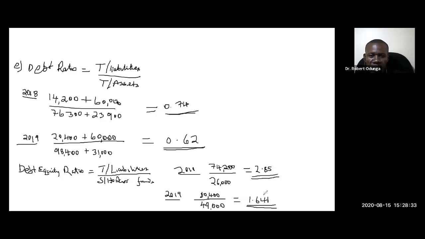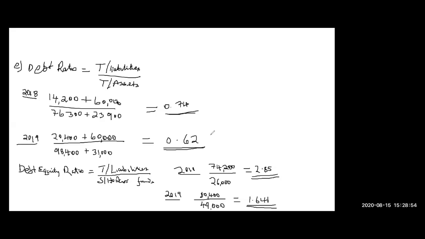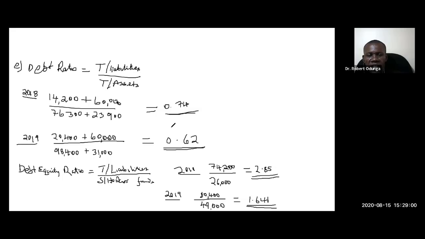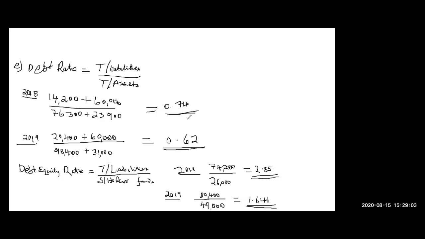You have to compute a number of them. Under gearing ratios, we have this one, the first one, the second one. If you find that your interpretation is aligned with your first interpretation on the first ratio, then you can easily conclude that our gearing ratio is in this state. So comparing the 2 years, you can see 2018 is more highly geared than 2019.